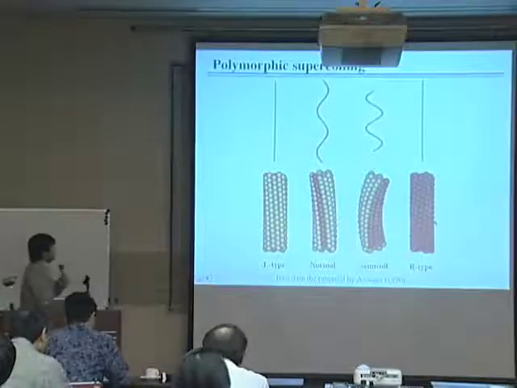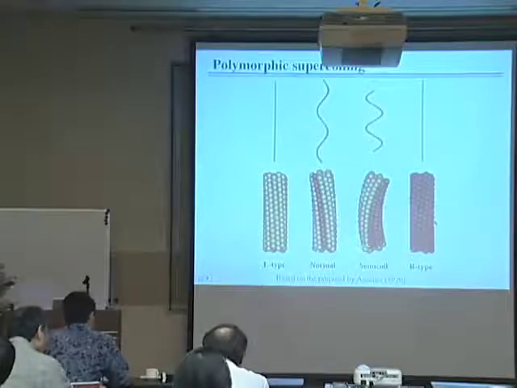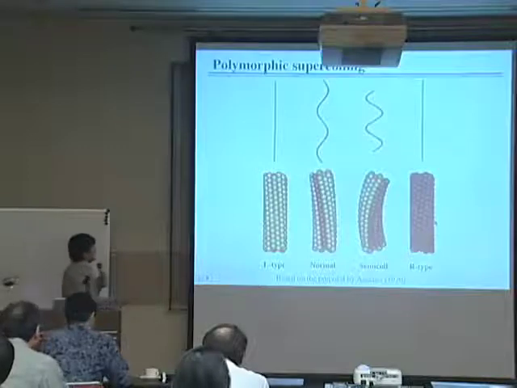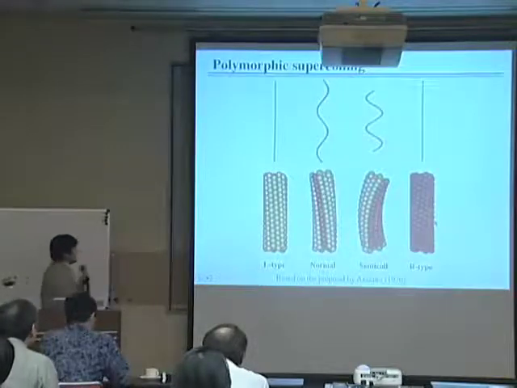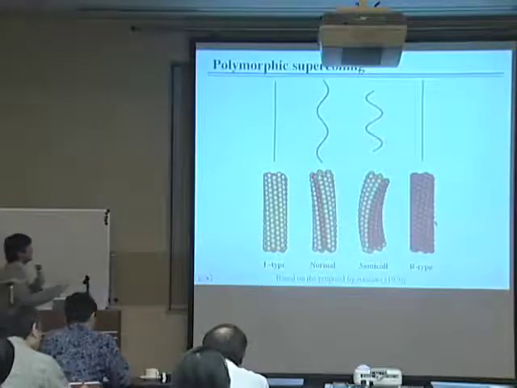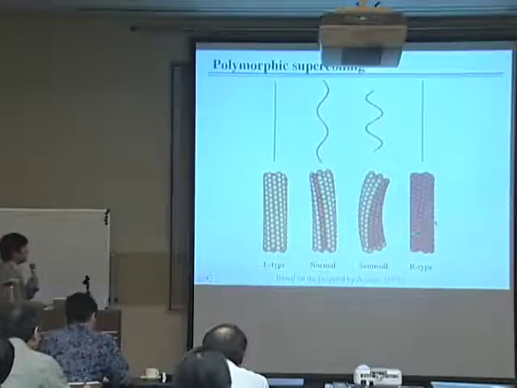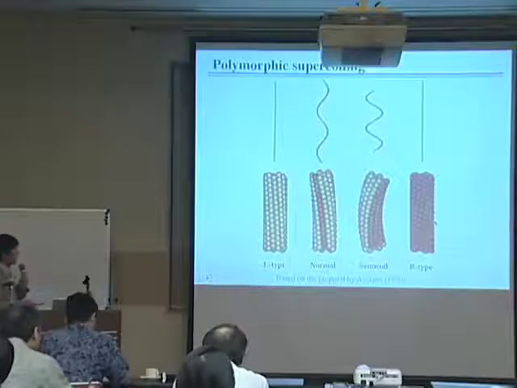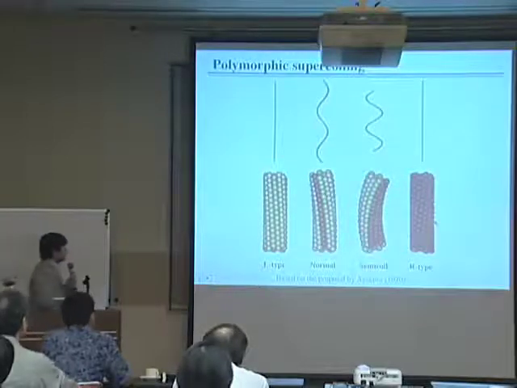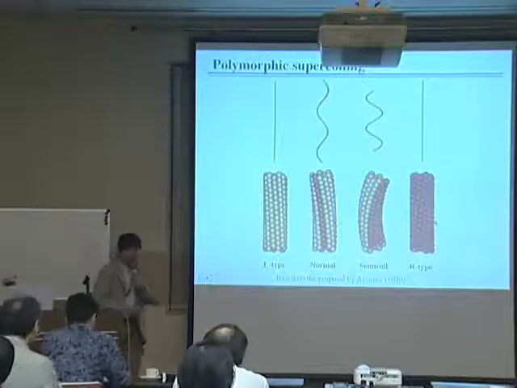So the mixture of these two types of conditions produces a superhelical form. If you change the number of these components, you have various supercoiling forms.